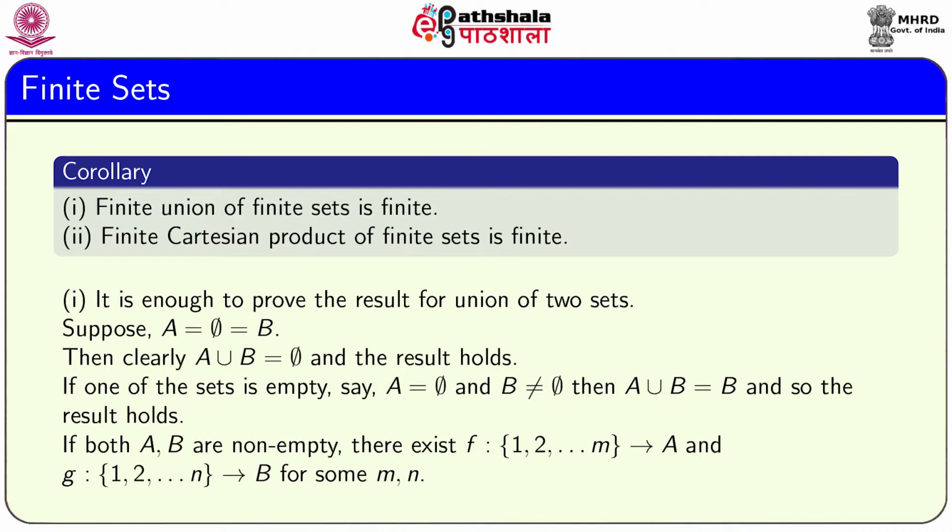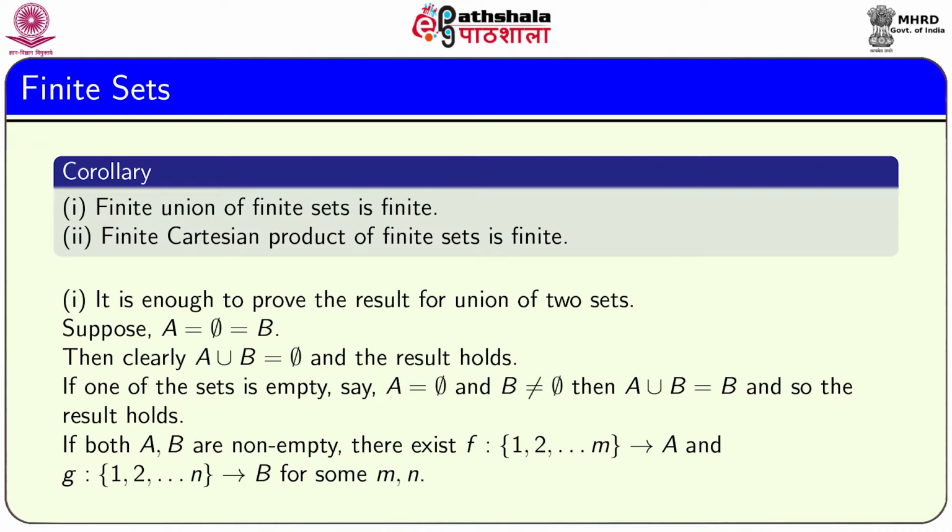So, if we take A and B both empty, then clearly A union B is empty and the result holds. If either A is empty and B is non-empty, or B is empty but A is non-empty, then A union B is equal to B, or A union B is equal to A. So, in that case also the result holds.